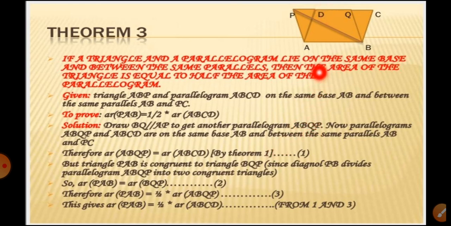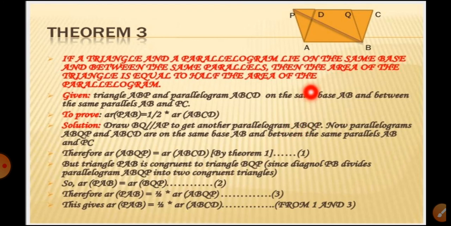But triangle PAB is congruent to triangle BQP, since diagonal PB divides parallelogram ABQP into two congruent triangles. So area of PAB is equal to the area of BQP.